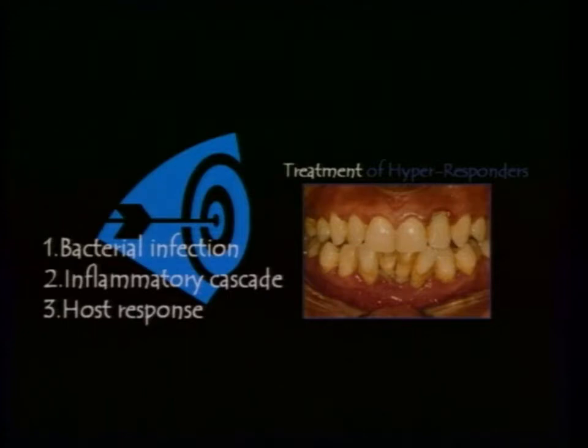That if you have just the bacterial assault and no systemic inflammation, you're probably going to end up with mild to moderate disease. But if you have the bacterial infection and you have a systemic inflammation, there is a synergistic destruction that drives the disease further than it would otherwise.